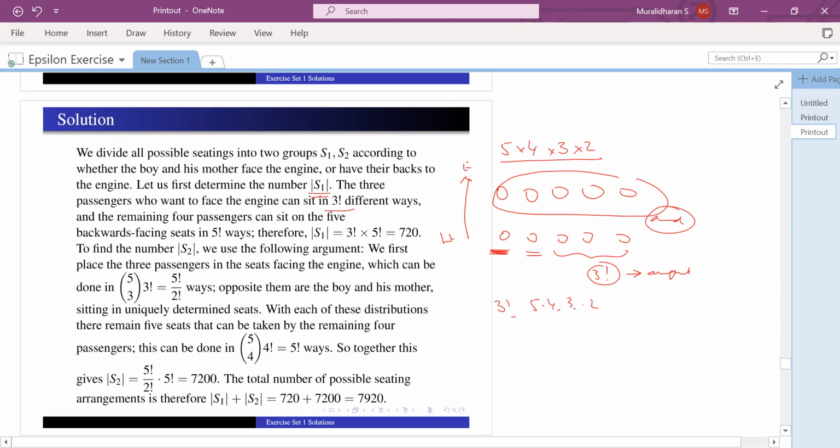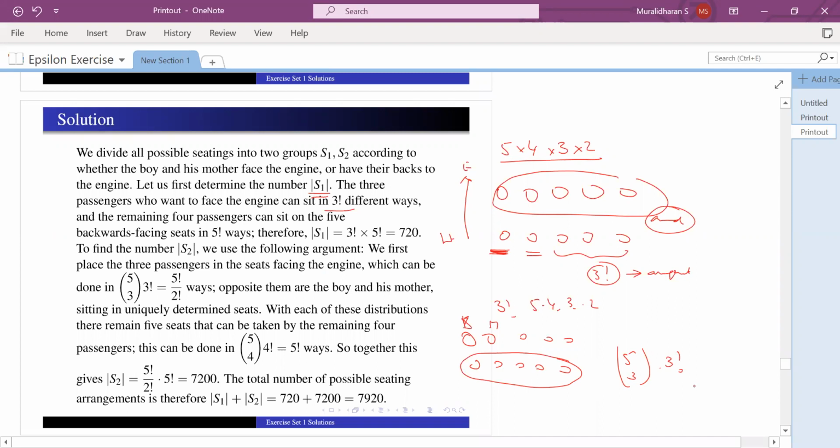Again, we have to place the mother and son like this. It's the son and the mother. And I have these 3 places and these 5 places. We first place the 3 passengers in the seats facing the engine. From here, I can choose 3 seats in 5C3 ways, and then I can place them in factorial 3 ways.